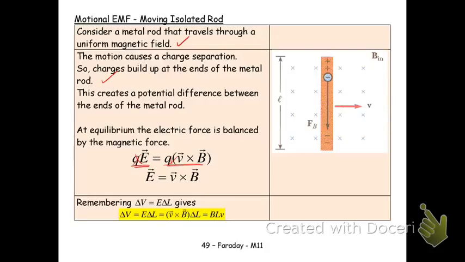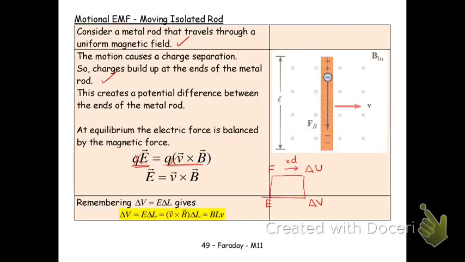Now, if we remember that change in electrical potential equals the electric field times my length. Let's just go back to our little square, and we had force, and then we had electric field. If we multiplied force by a distance, we got delta U. If we divided that, we got delta V. So what we're saying is if we want to go from force to delta U, we multiply by the distance.